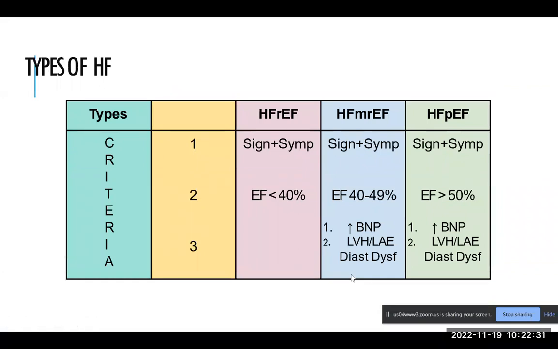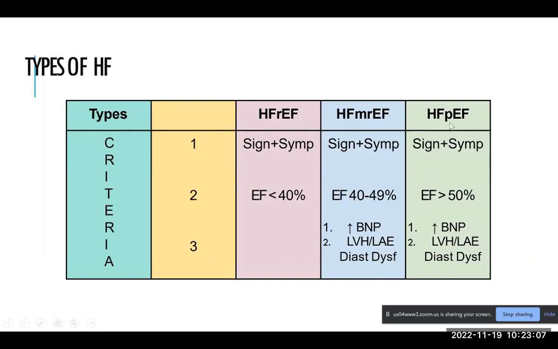And if we talk about types of heart failure according to the systolic function, so heart failure with reduced ejection fraction less than 40, and signs and symptoms. Heart failure with mildly reduced ejection fraction is 40 to 49 with signs and symptoms, and additional supportive criteria, which is BNP, LVH, and left atrial enlargement with diastolic dysfunction.